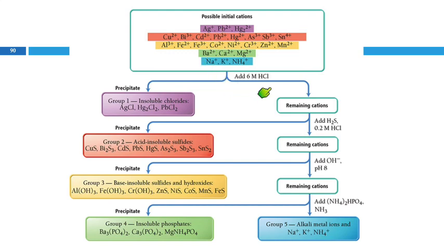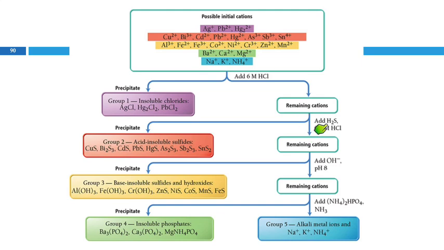If we add 6 molar hydrochloric acid, that's going to precipitate this group of ions, silver, mercury(I), and lead(II), because these compounds are insoluble with chloride. The other ions, other than the purple, are still going to be in the container.